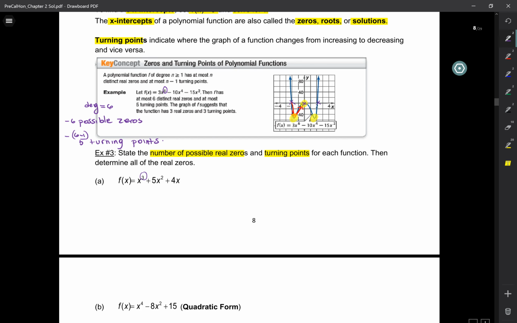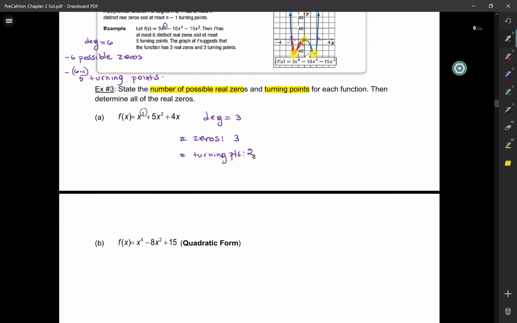In this case, the degree, the highest exponent, is 3. So if the degree is 3, the number of zeros is at most 3, and the number of turning points will be 3 minus 1, 2. And that's that.